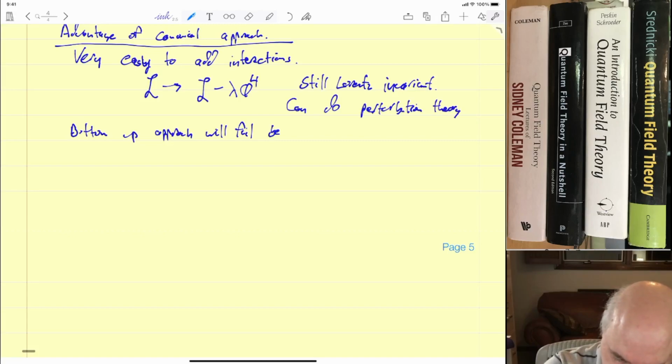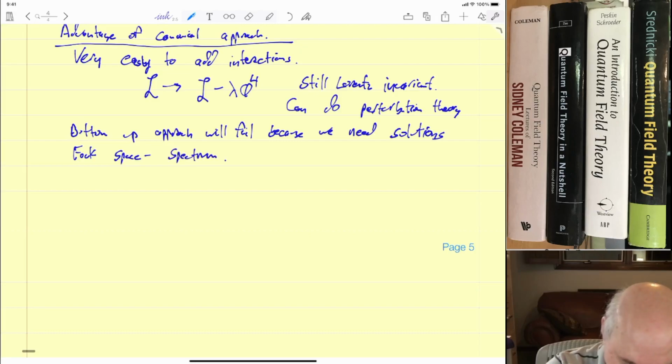Because we need the solutions to build up our Fock space. In other words, we need the spectrum.